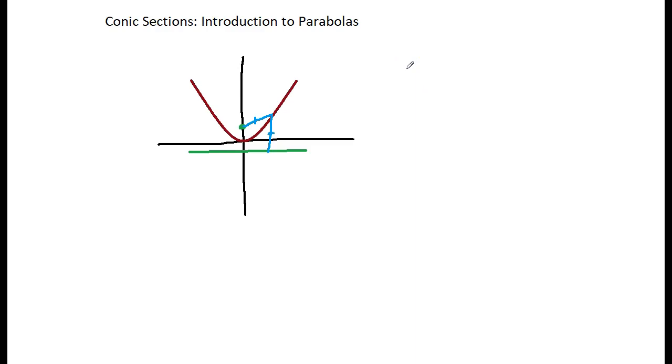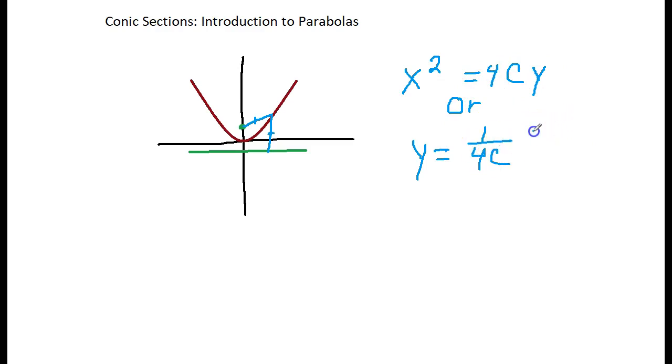For an equation for a parabola like this, you can either say x squared equals 4cy, or our textbook frequently will have this solved for y: y equals, dividing by 4c, 1 over 4c times x squared. Use whatever is to your advantage that will help you in coming up with your equations.